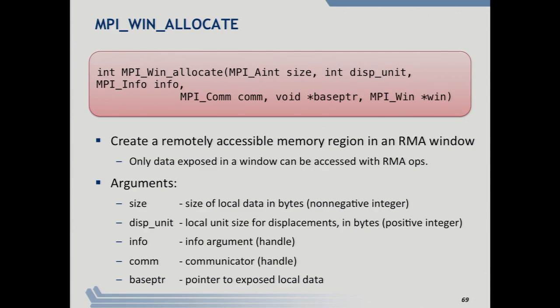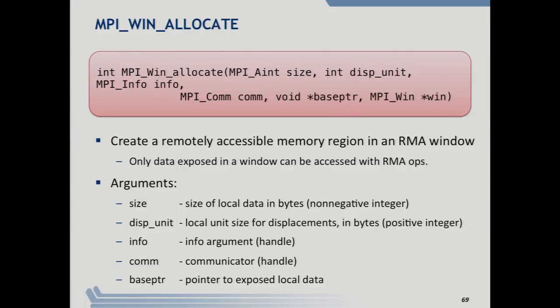In fact, this argument is treated as the address of a void star pointer. So it's treated as if it's void star star. But the weirdness in C means that I can pass the address of a pointer to this and it won't complain. If I made this star star, I would have to cast the pointer to be a void pointer first.